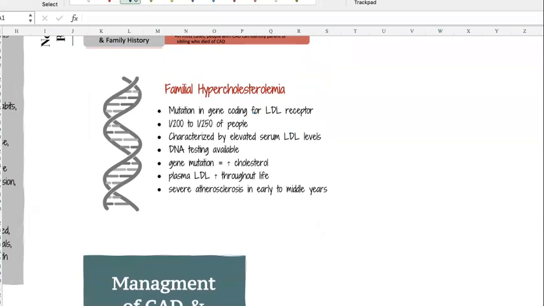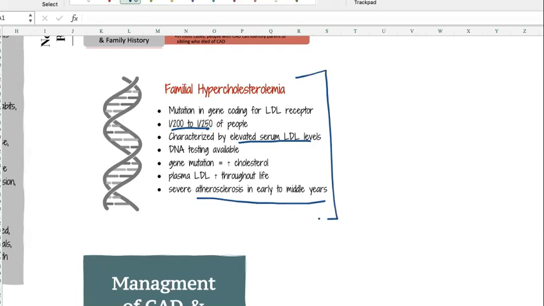The other genetic thing would be familial hypercholesterolemia, which is basically just a gene mutation that affects the LDL receptor. It's somewhere between 1 in 200 to 1 in 250 people. That's how common it is. You'd have high LDL levels, and you'd start to show signs of atherosclerosis at a fairly earlier age than most people, so maybe in your 30s instead of your 40s or 50s.